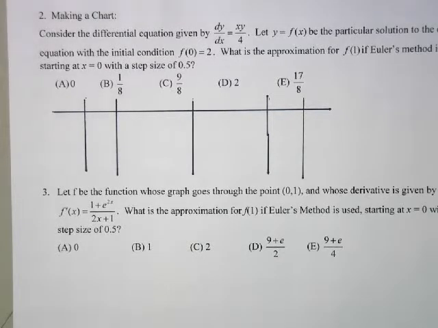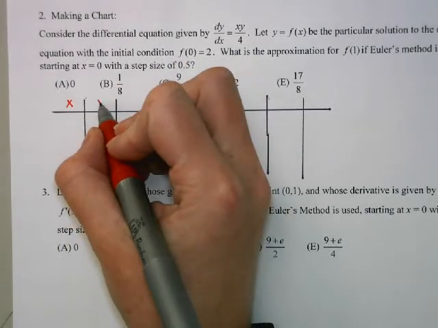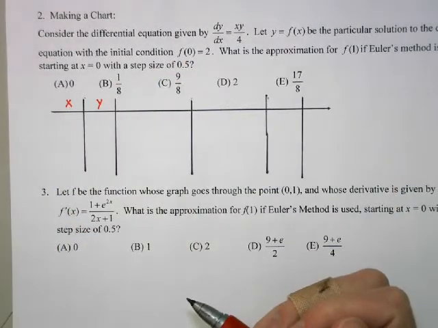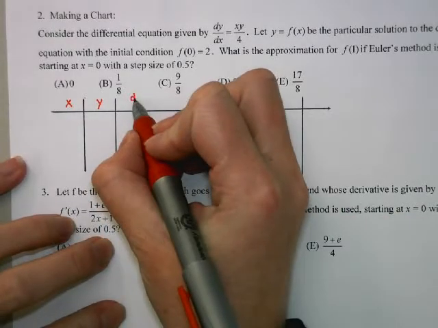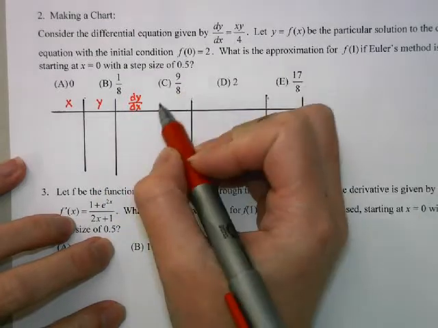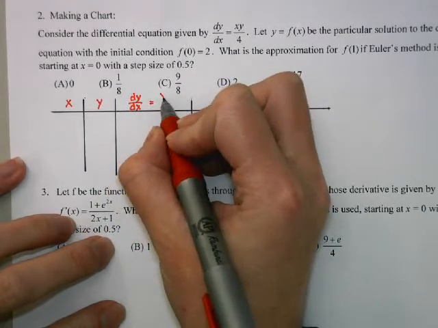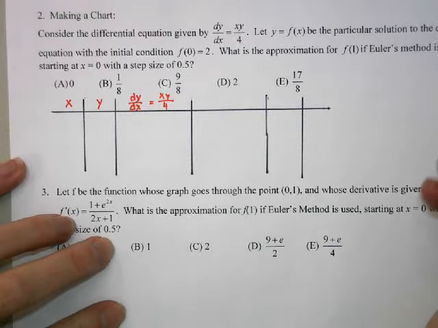So I have this chart here. What are all these categories? I'm going to have my x here, my y here, and you could just include that as one column as a coordinate. That's totally up to you. I'm going to have dy/dx, and I always write the equation here. That way I know how much space I'm going to need to do the calculation.